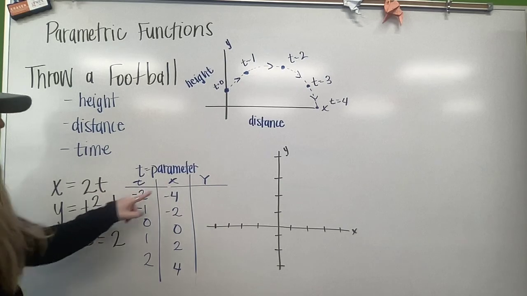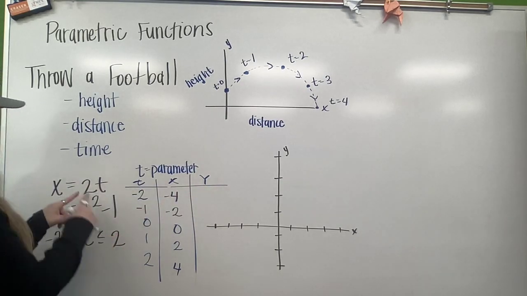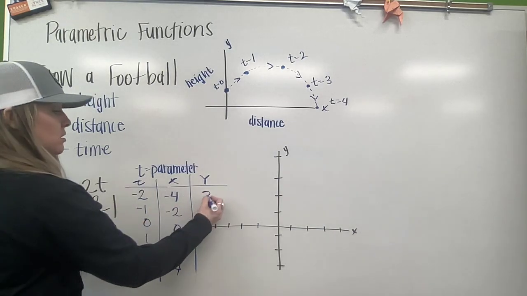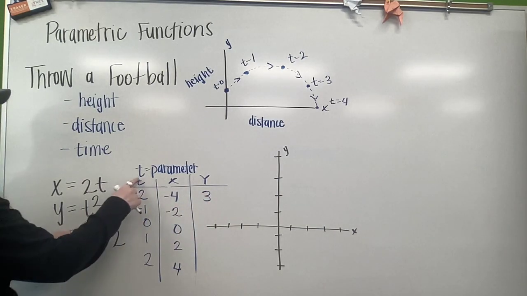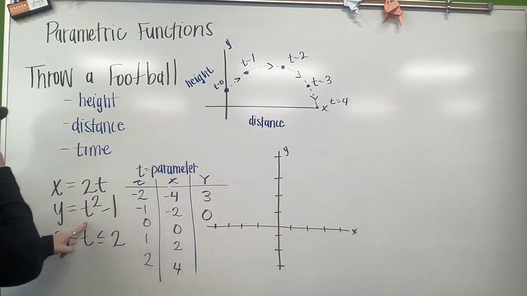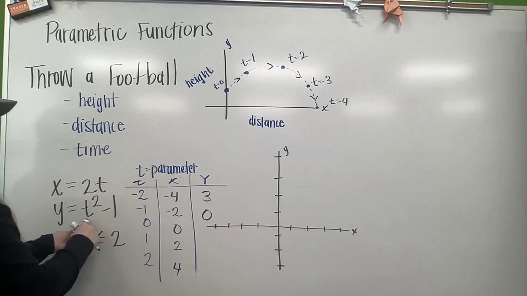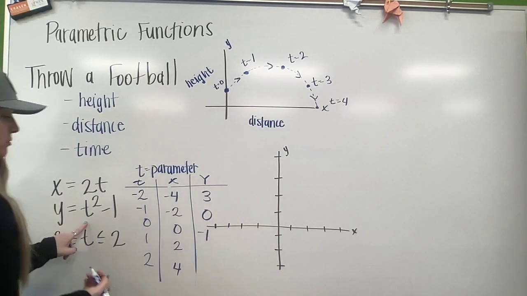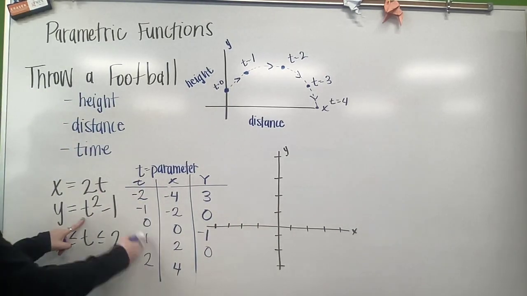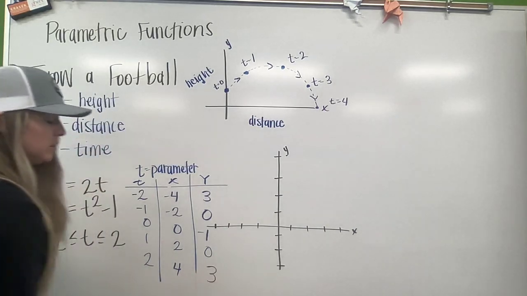I'm also going to plug these values in for y. When t equals -2, y equals 3. When t equals -1, y equals 0. When t equals 0, y equals -1. For t equals 1, I get 0, and for 2, I get 3.